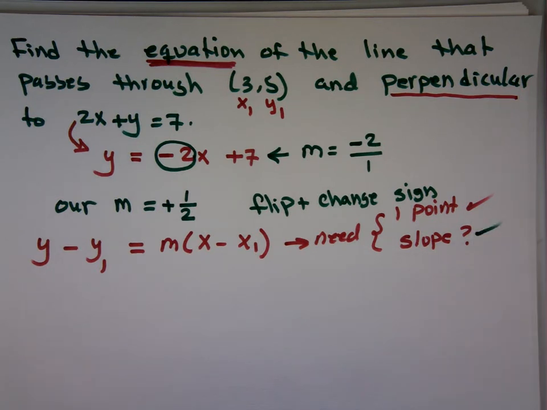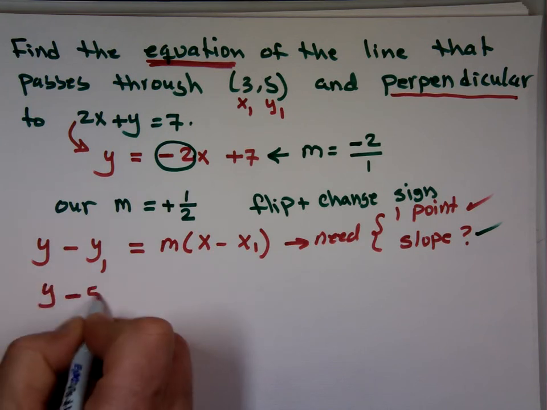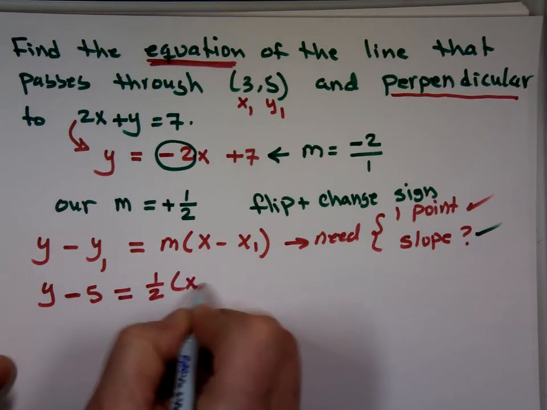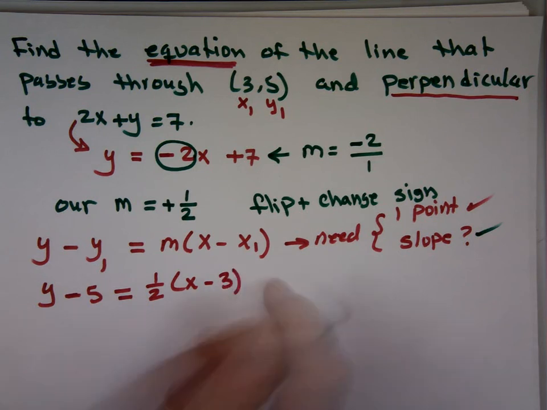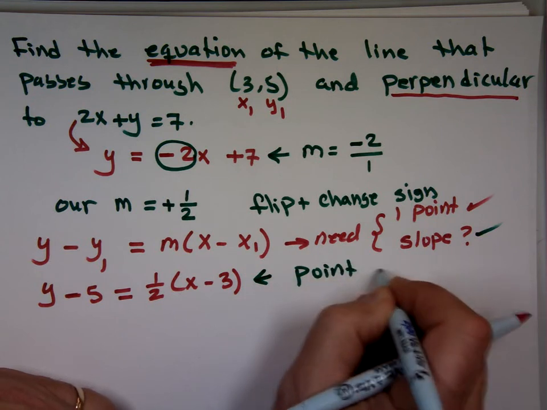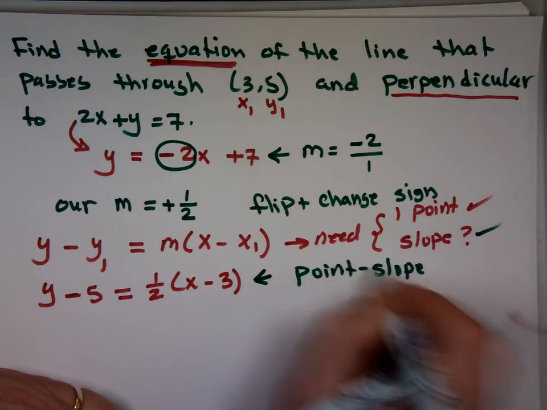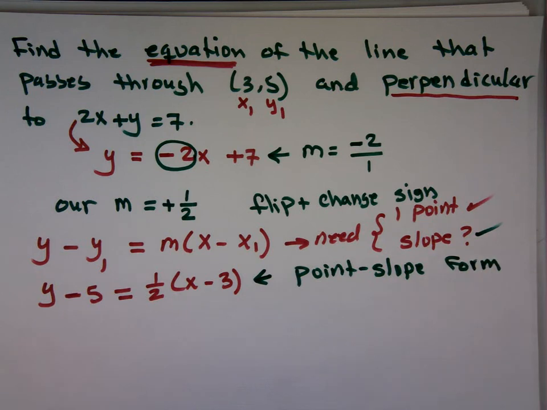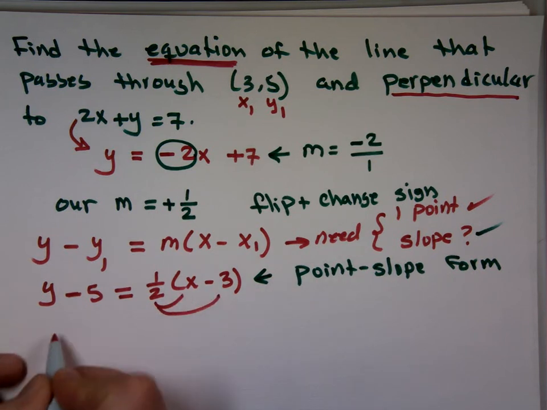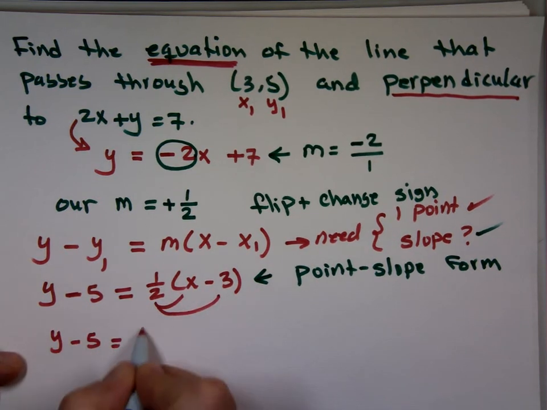Plug it in. y minus 5 equals the slope, which is what? 1/2 times x minus 3. Again, this is the point slope form. Now, if I want to simplify that, 1/2 x minus what? 3 over 2.